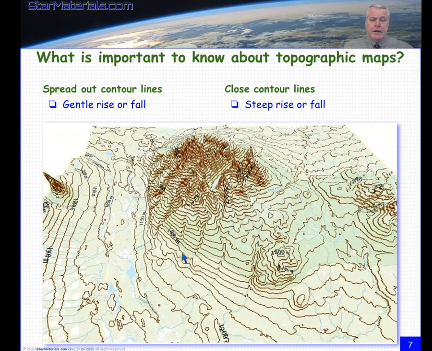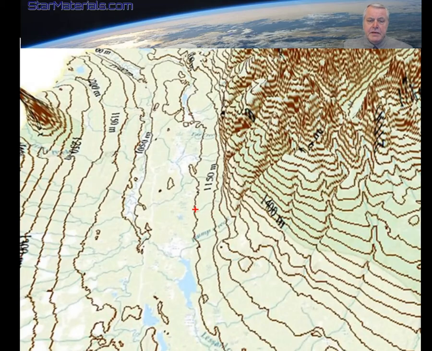Think about it. If each one is, say, what do we have here? 50 meters between this line and this line, and it's 50 meters between this line and this line. Let me make it bigger. If it's 50 between this one and this one, then it's 50 between there and there, and there and there, and oh boy, it's getting closer here.